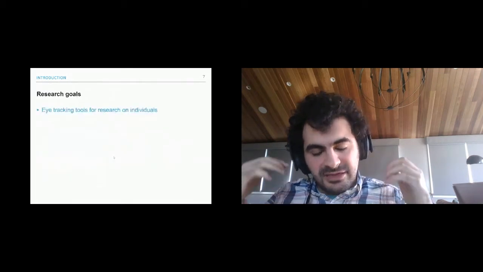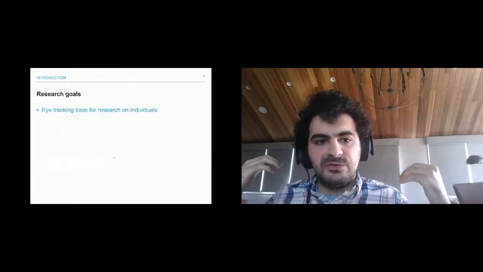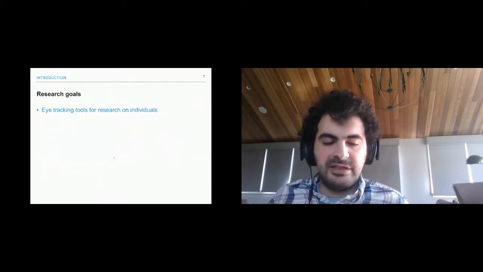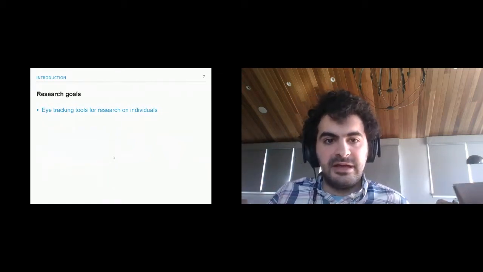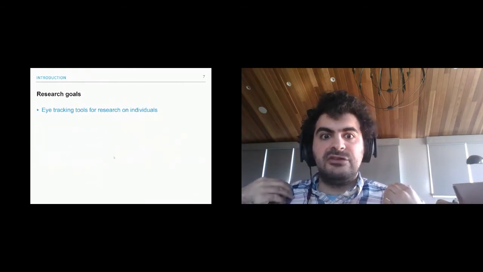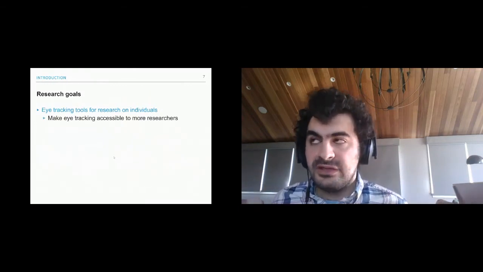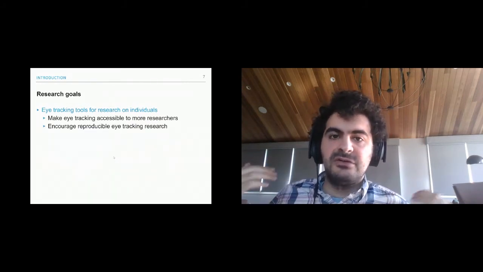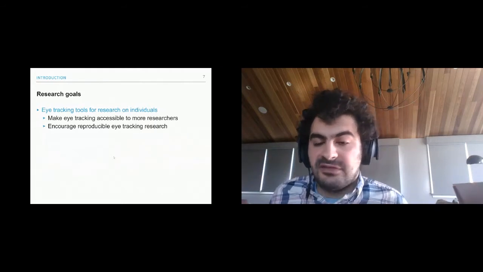So the goal of this project was basically to create eye tracking tools for research on individuals, particularly in a desktop setting. It's to make eye tracking research more accessible, so you don't need all this expensive hardware. Encourage reproducible studies, because once again, the hardware is less expensive.